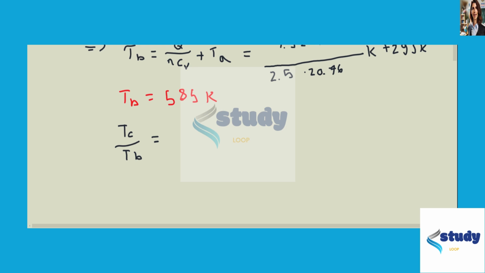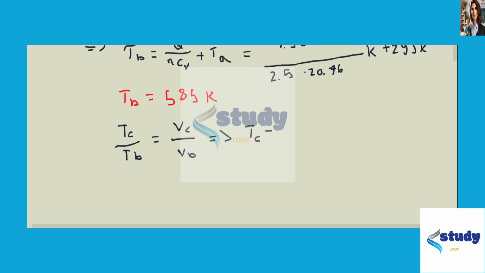From point B to point C, this is the expansion part, when the gas is left to expand freely. So here we are doing the B to C part of the process, and this is equal to V_C over V_B.